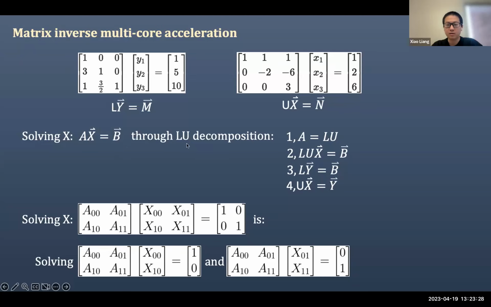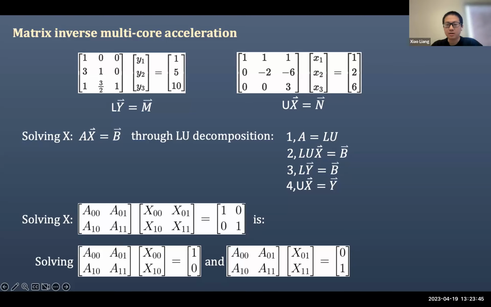The first thing is performing the LU decomposition of matrix A into two triangular matrices, where L is the lower triangular matrix and U is the upper triangular matrix. A triangular matrix is good.